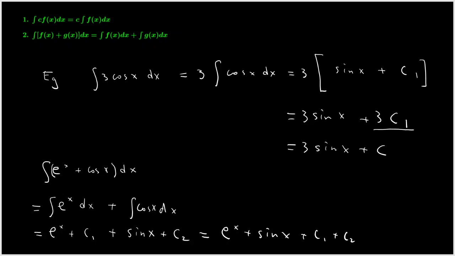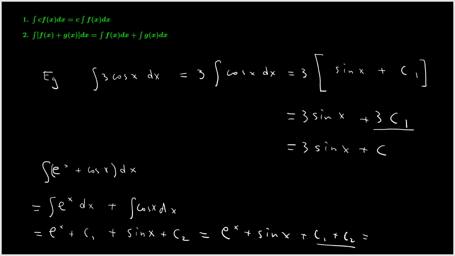For the same reason, if c1 denotes an arbitrary constant, and c2 denotes an arbitrary constant, c1 plus c2 also denotes an arbitrary constant. You can combine c1 and c2 into a new constant c.